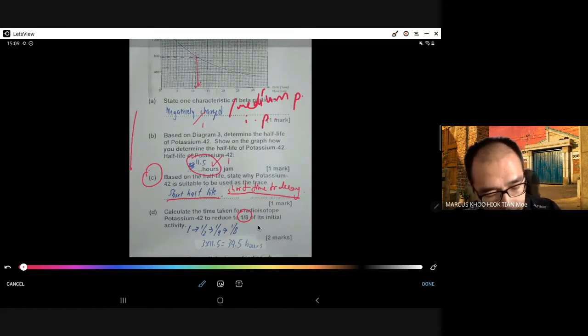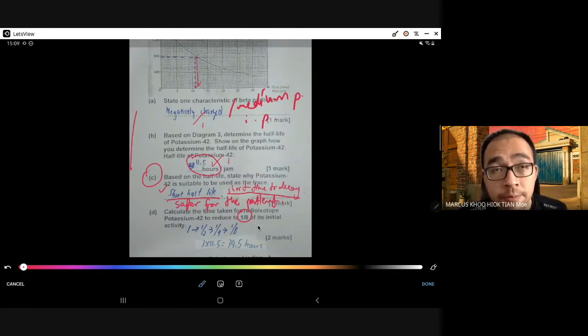Ultimately it is safer for the patient. If you only write short half-life, I worry that you are not actually answering the question. So what if it is short half-life? Especially with regard to the human body, it is safer for the human being. So I would answer that having a short half-life is safer for the patient.